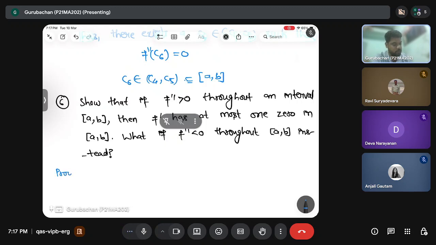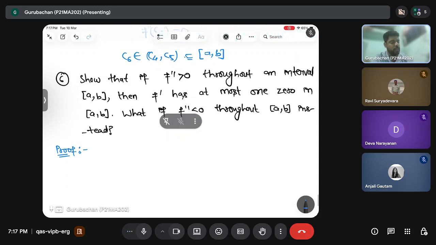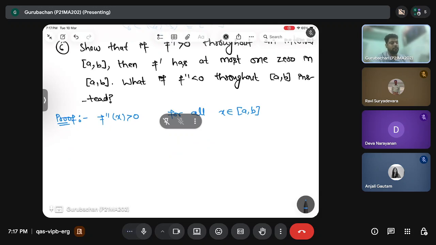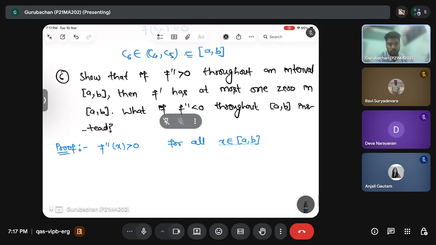So let us show this. We have been shown that f double dash is greater than 0 for all x in AB. What is the meaning of this? Okay, so here it is f dash, here it is f double dash.